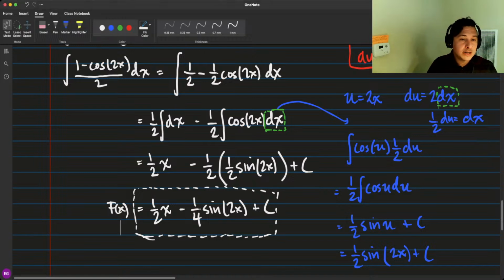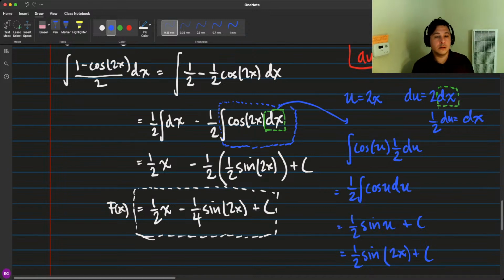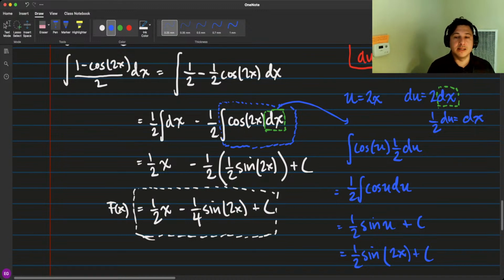I should draw a little box here. I'm calculating this integral over here. I boxed the dx because you needed to isolate the dx and the du equals 2dx. Right, because notice you get the 1/2 times 1/2 sine of 2x.